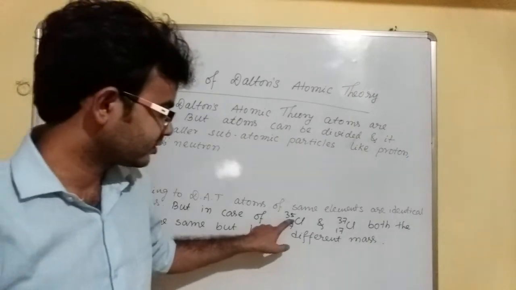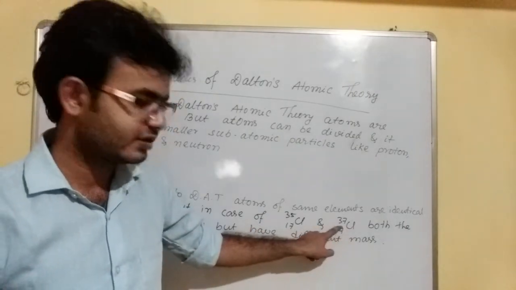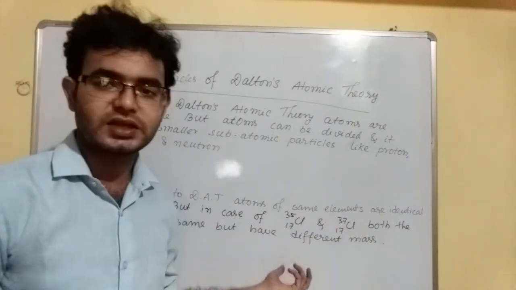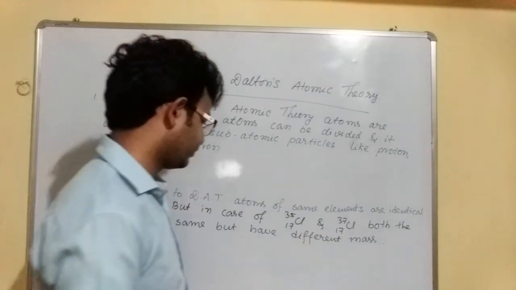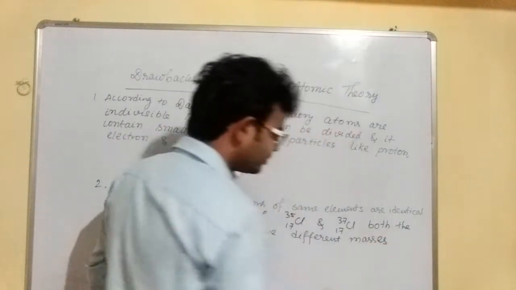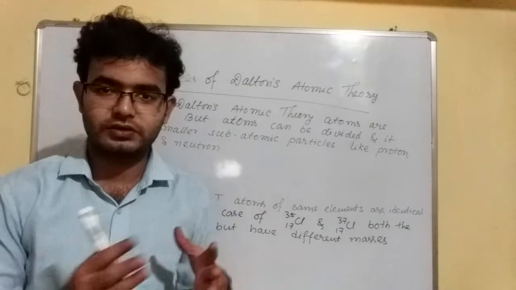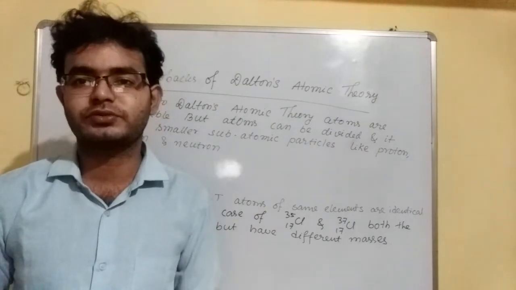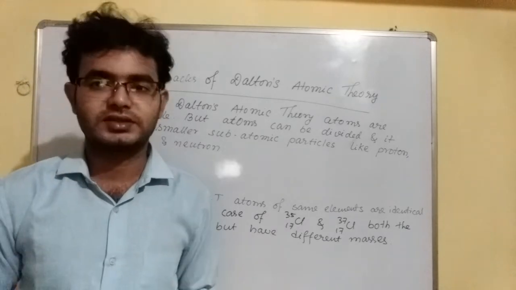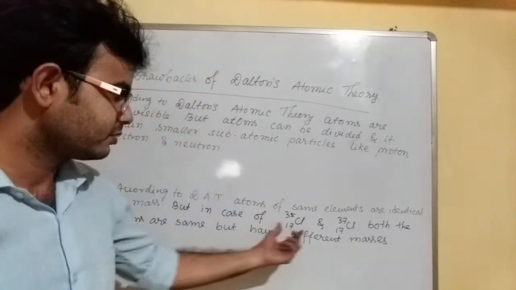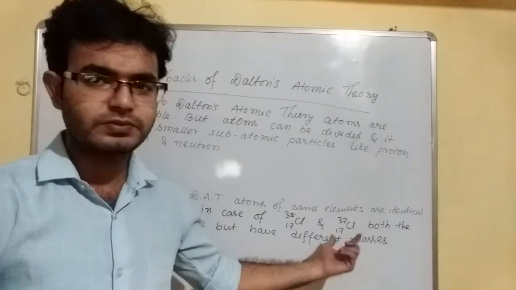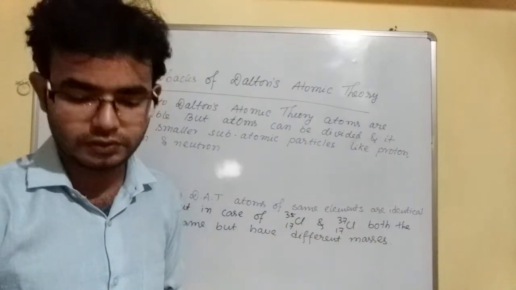Here the mass of this chlorine is 35, and for this one it is 37. So they have different masses but they are the same element. According to Dalton's theory, atoms of the same element must have the same mass and chemical properties, but here they have the same chemical properties but their masses are different.